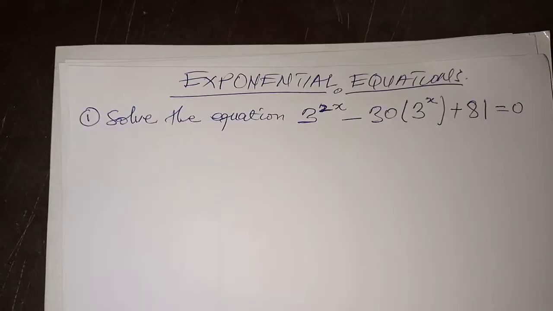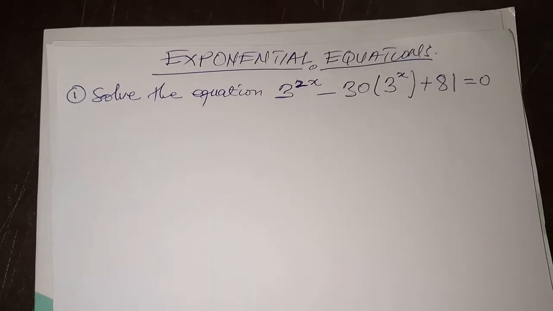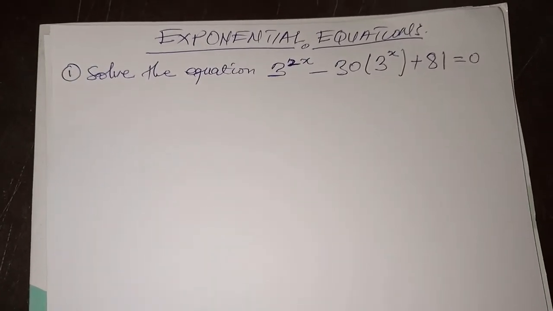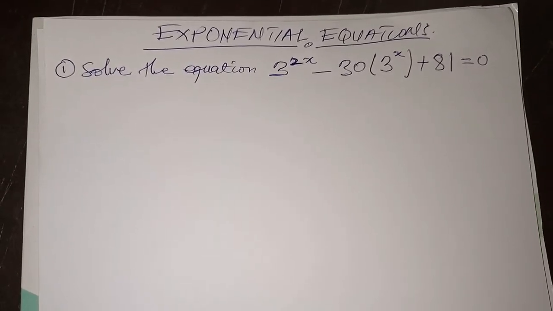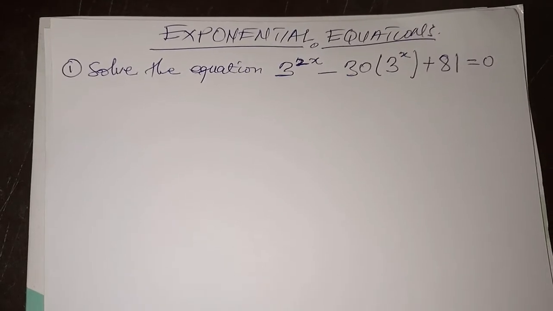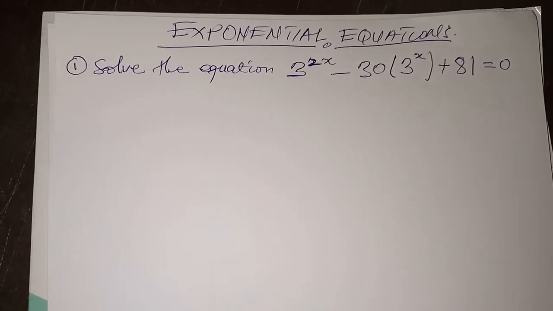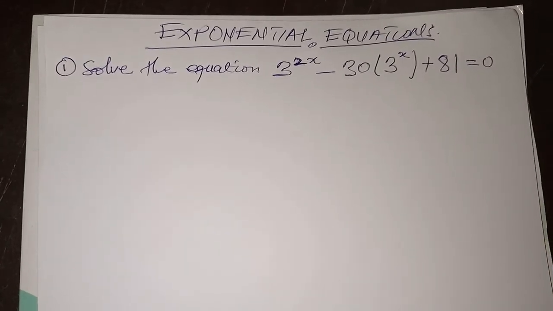Our first question is, solve the equation 3 exponent 2x minus 30 times 3 exponent x plus 81 equals 0. These are the things we need to note about this question.